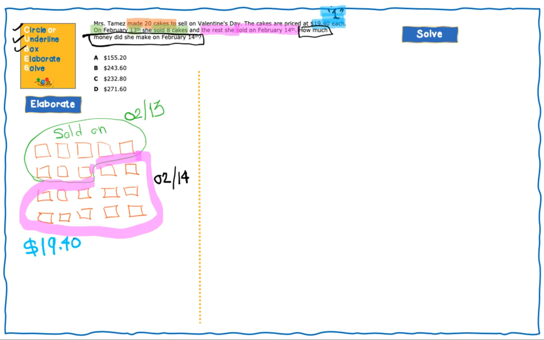Correct, the 19.40, because that is the price for each cake. I'm gonna put it on the side, the price for each cake, and then I'm gonna repeat it only the number of times that she sold on February 14.